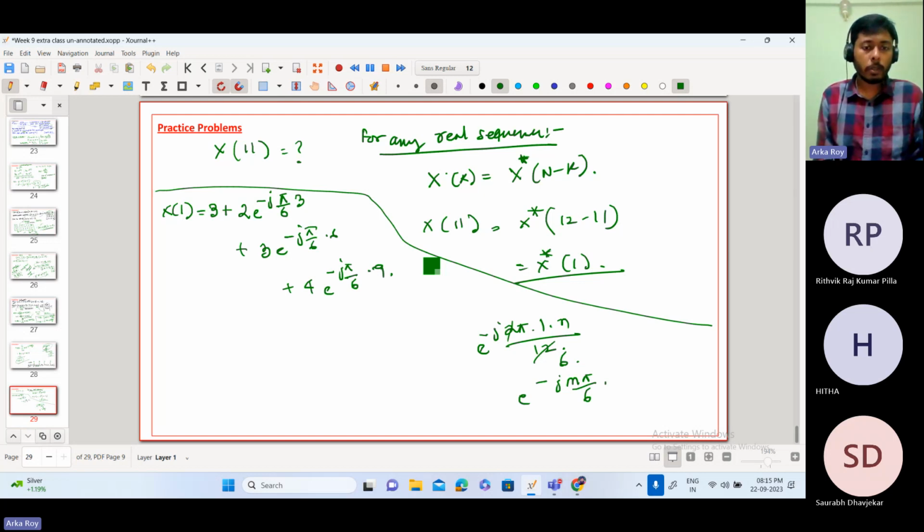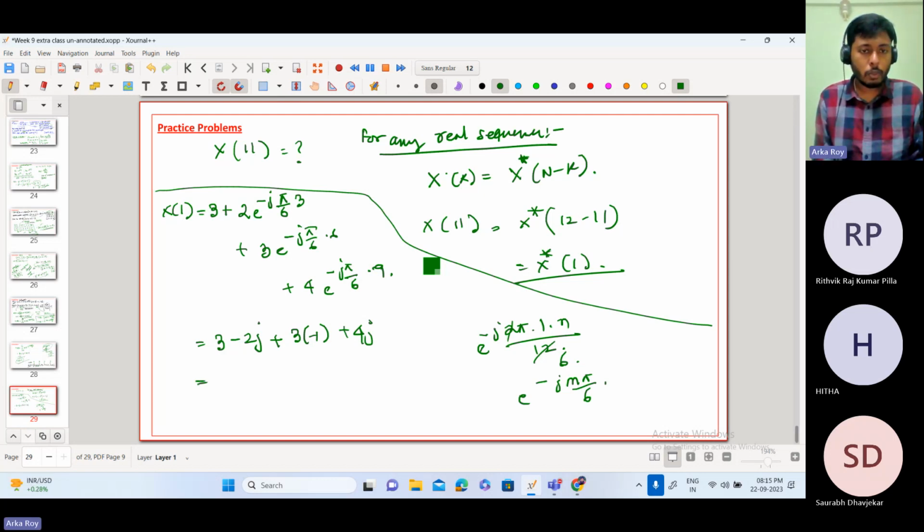Because already I have told that you will get values at 3, 6, 9 locations only. So if you just evaluate, you will get e to the power minus 2, 3 minus 2j plus 3 into minus 1. Just you can evaluate by yourself. I'm just writing the final forms.